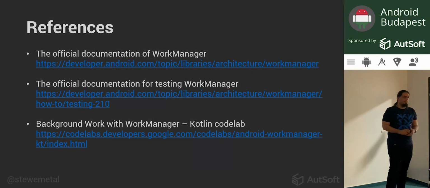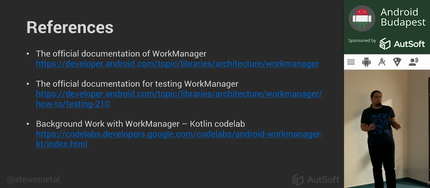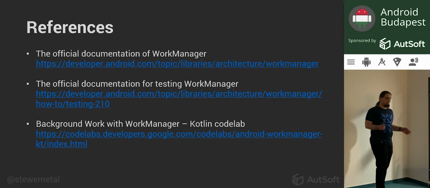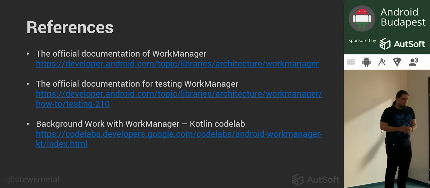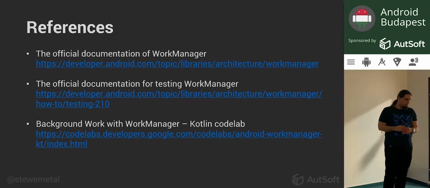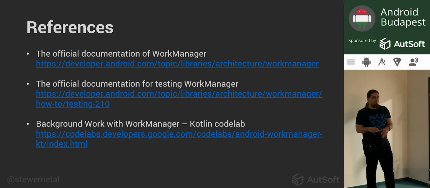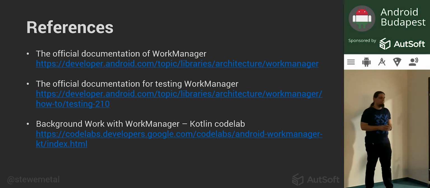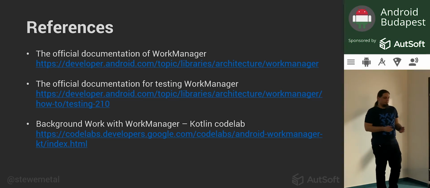And for the references, of course, there's the official documentation, which is very well written and has good quality examples. We never touched testing in this talk, but it's another topic. It's a broader topic and has many classes to know and use.